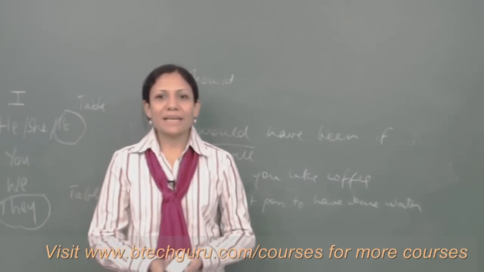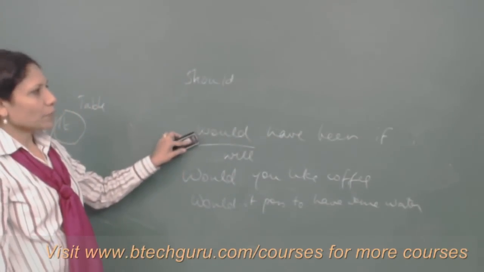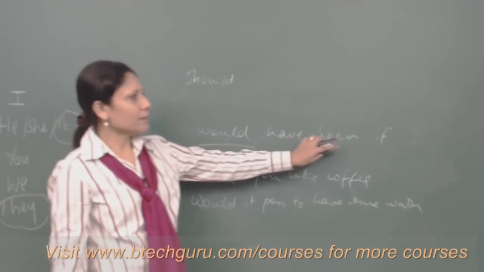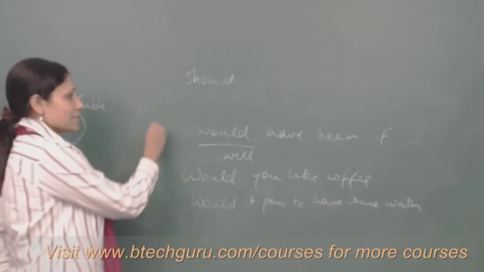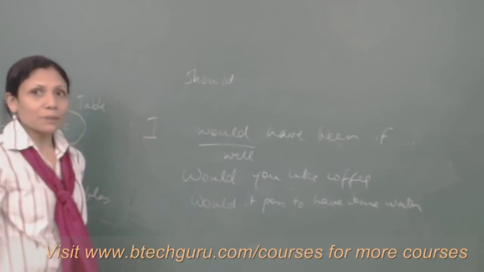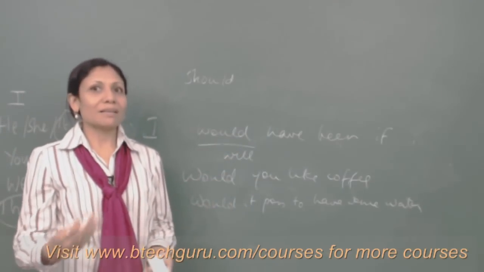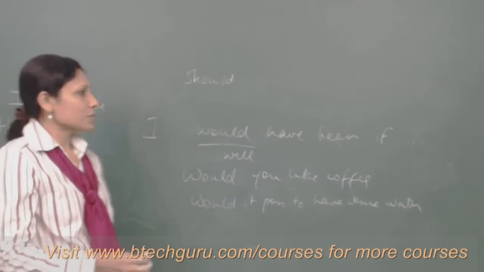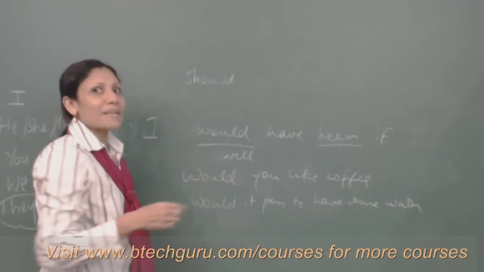All right, and what is the necessity of been in the above question? Here the been is because the action may or may not happen by the subject. For example, it would have been. Now you're talking about the situation here rather than I, right? So sometimes when you use this been, as we said, it is for passive voice.